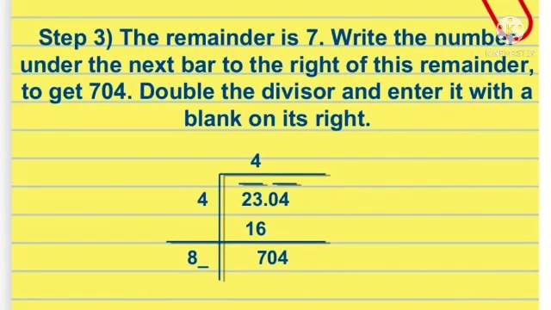Step 3. The remainder is 7. Write the number under the next bar to the right of the remainder to get 704. Double the divisor and enter it with the blank on its right. Observe the figures as shown.